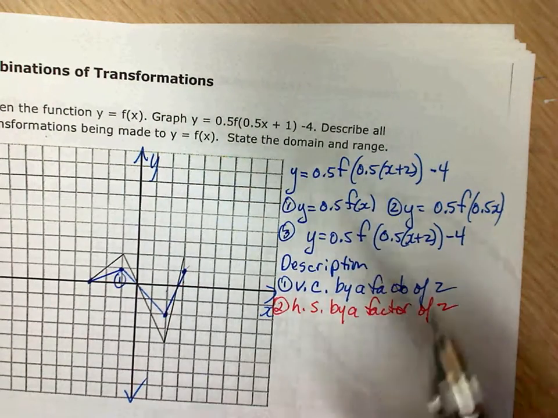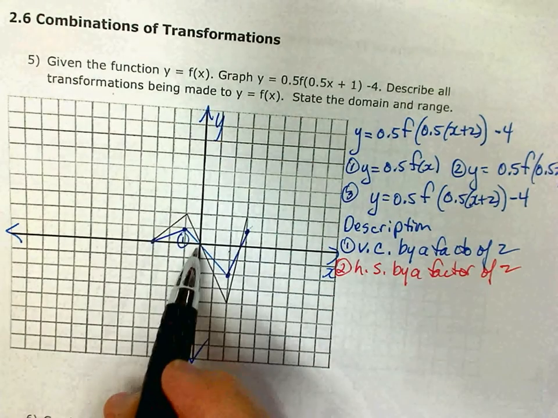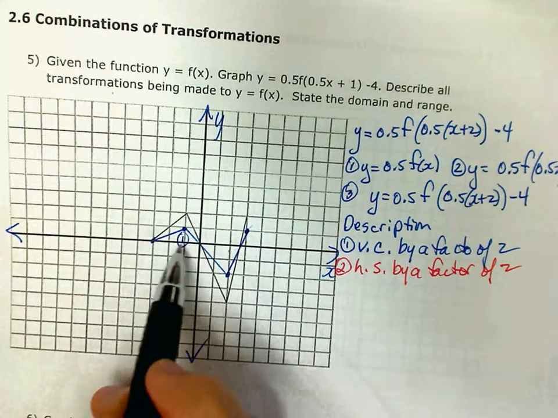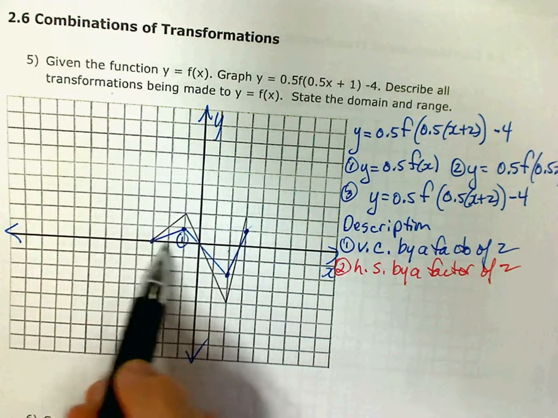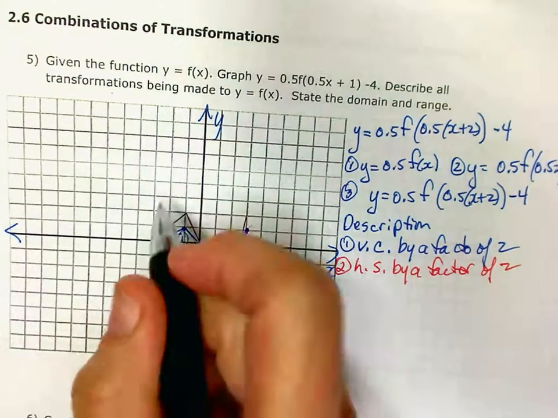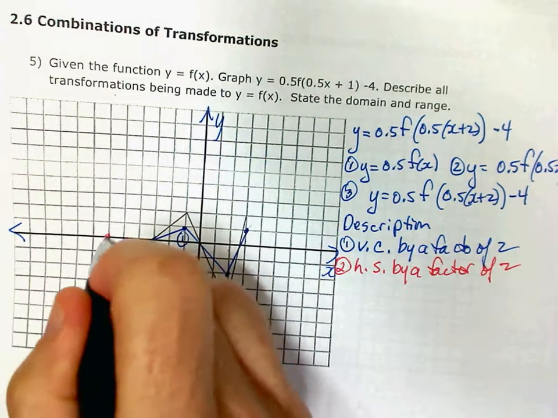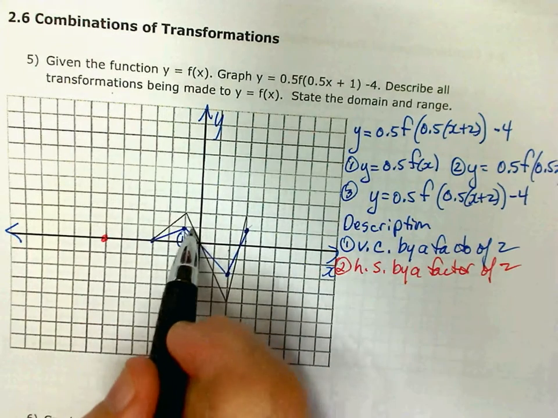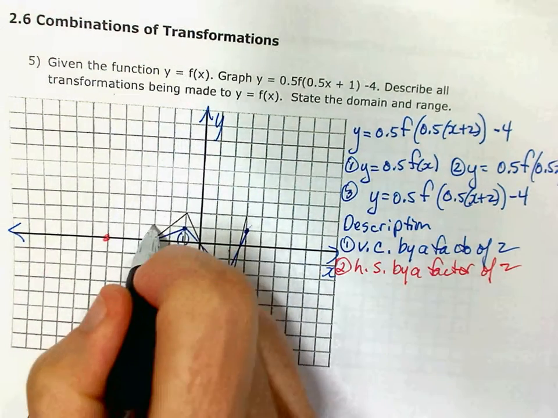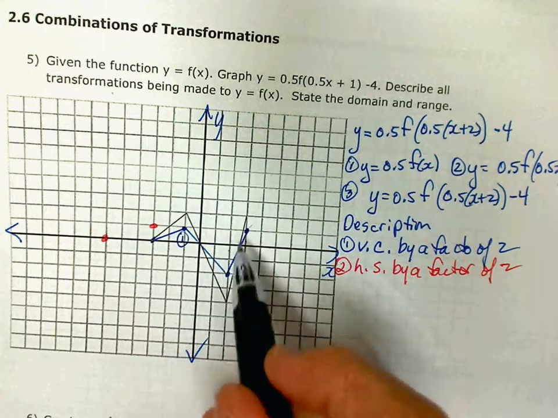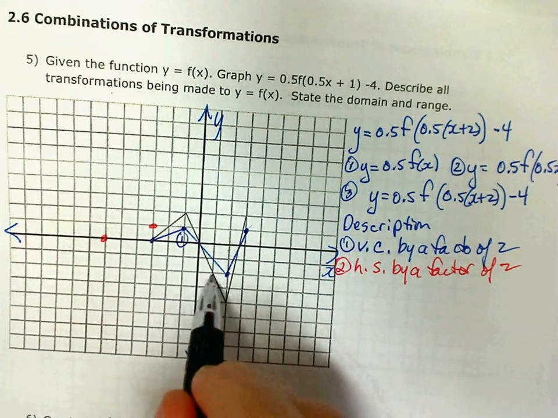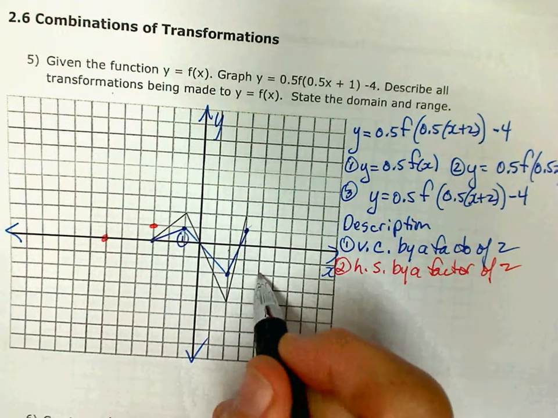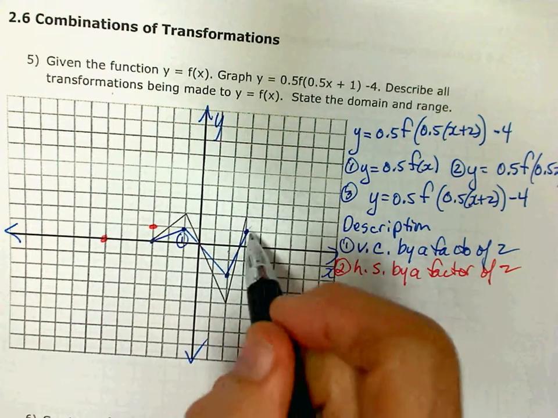So working with the blue graph, the last one we drew, the x value here is -3. So 2 times -3 is -6. The x value here is -1. 2 times -1 is -2. The x value here is +2. 2 times +2 is 4. And the x value here is 3. 2 times 3 is 6.